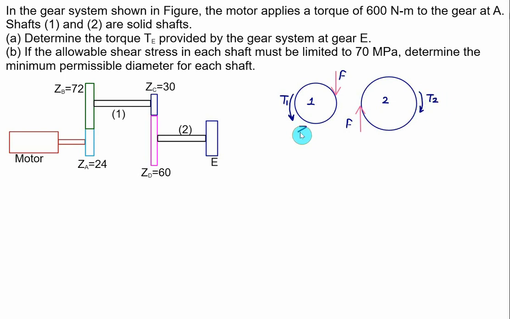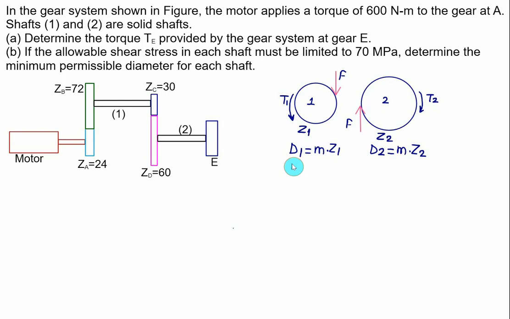Let's say Z1 represents the number of teeth of gear 1 and Z2 represents the number of teeth of gear 2. Since these two gears are in mesh, their module is the same. So the pitch circle diameter of gear 1, D1, is given as M into Z1, and the pitch circle diameter of gear 2 is given as M into Z2, the number of teeth of gear 2.